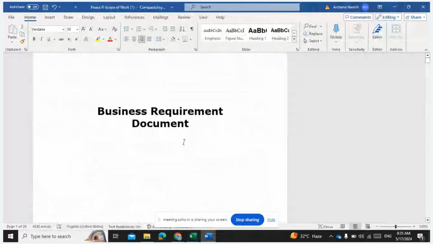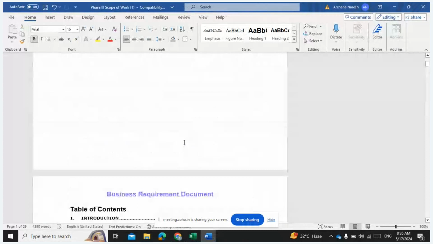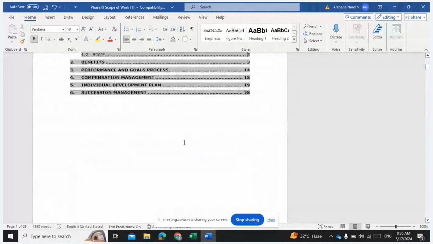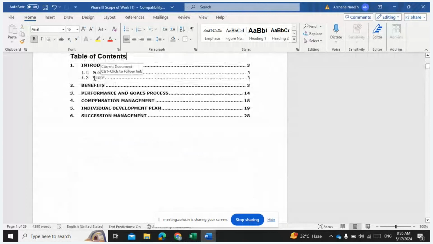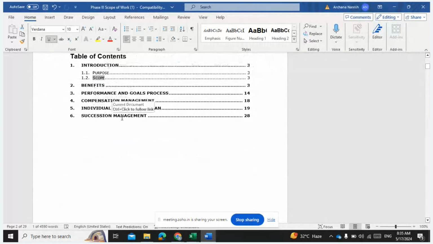If you look at this, see the table of contents, introduction, what is the purpose and the scope of the document as per the client. From this scope, we will prepare our own scope from SuccessFactors: client partner, benefits, performance and goals, compensation, individual development plan, and succession management.